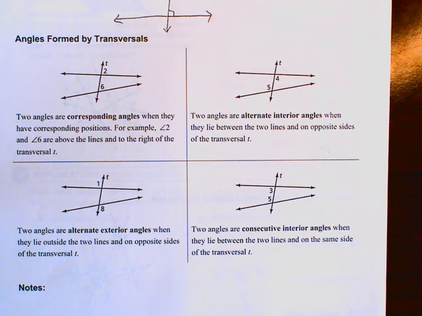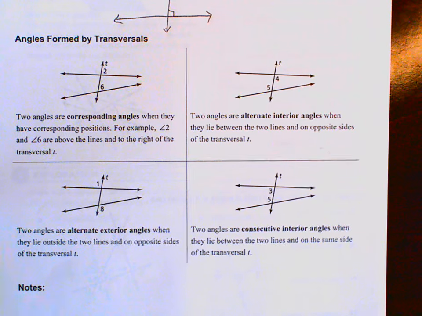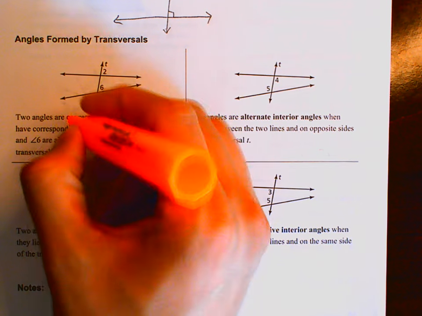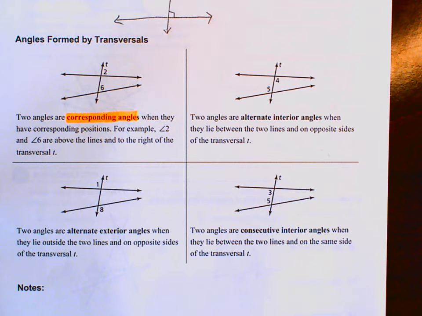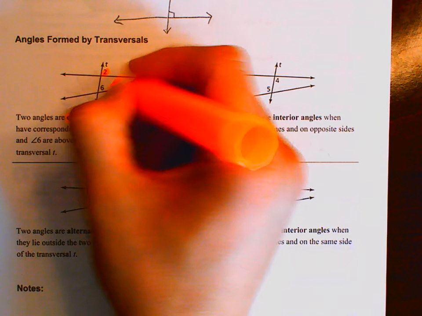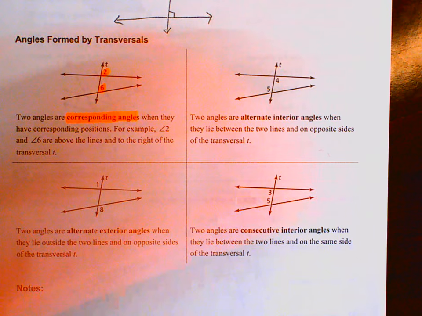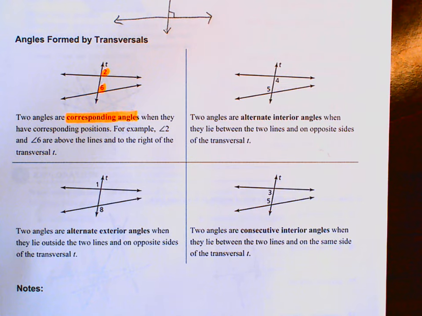The first one is the set of corresponding angles. 2 angles here are corresponding, meaning that they have the same position on the same side of the transversal. So for example here, 2 and 6 are considered to be corresponding angles. They're on the same side of the transversal.